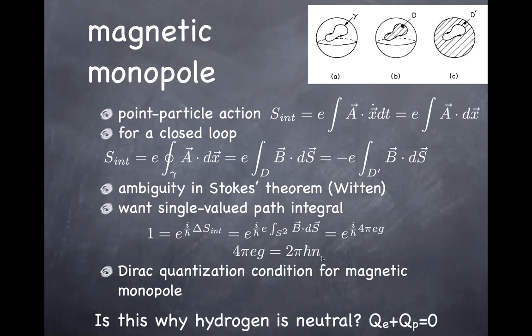So there's even a speculation that such a condition is the reason why the hydrogen atom is neutral. If you think about it, hydrogen atoms are neutral because you're adding the electric charge of the electron and the electric charge of the proton, and they exactly cancel against each other, even though they're made of different things.